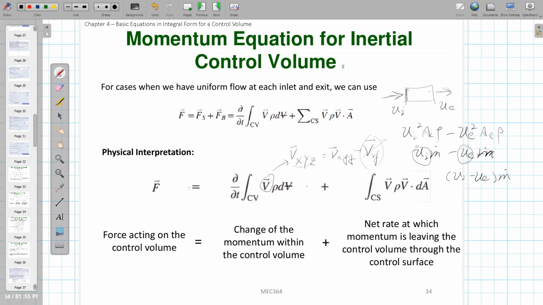And if you just change the reference frame, and you give this ui an additional constant reference velocity u rf, and give this ue a constant reference velocity too, it won't change the difference between these two.